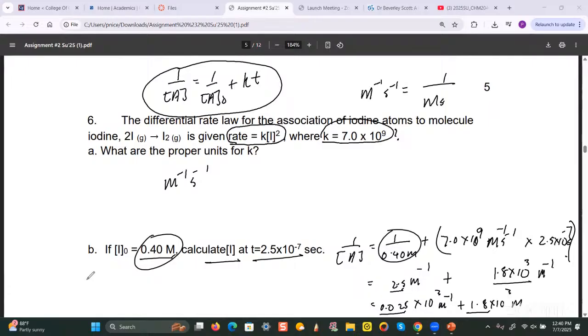And I will end up with 1 over the concentration of A equal to 1.8 times 10 to the 3. Let me show you what you're going to get, and then I'll show you how I round it off.